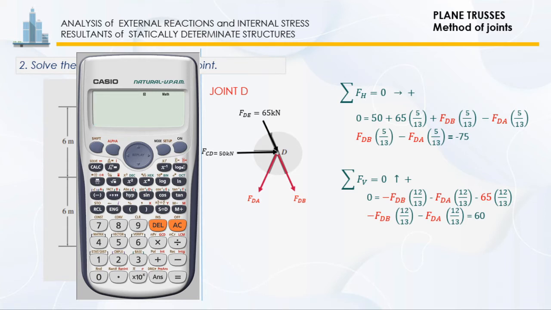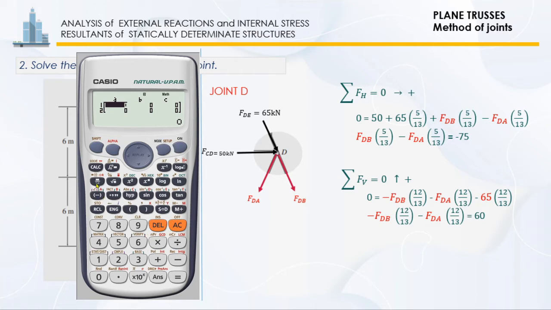So what you need to do is to click mode, then number 5 for equation. Then click 1 since we have 2 unknowns here. So, for equation 1, FDB is what we will use for A, then for B, this FDA, then for C, this is our constant.